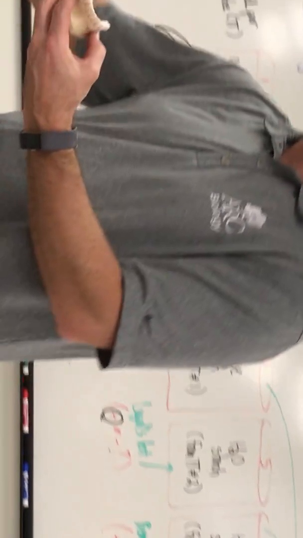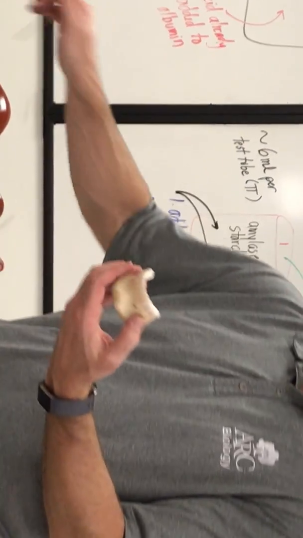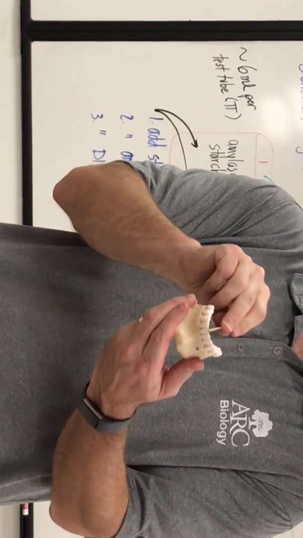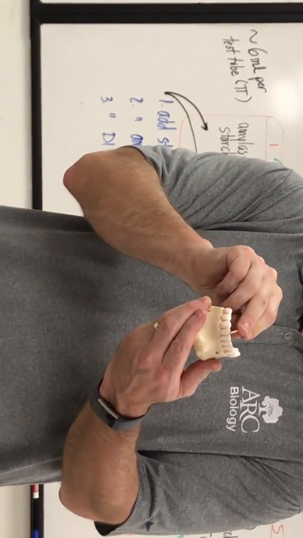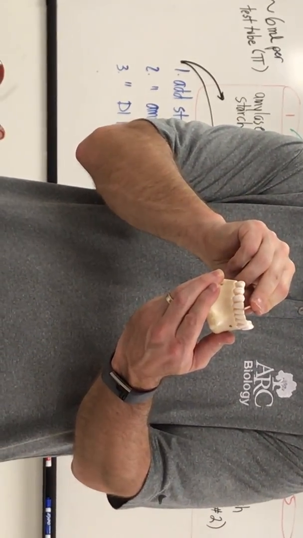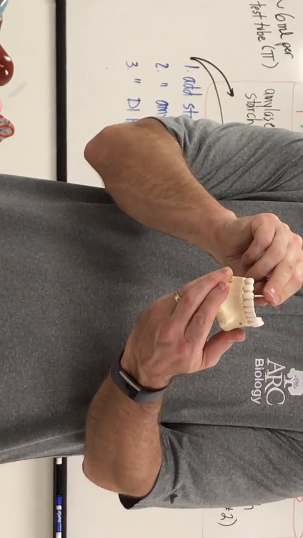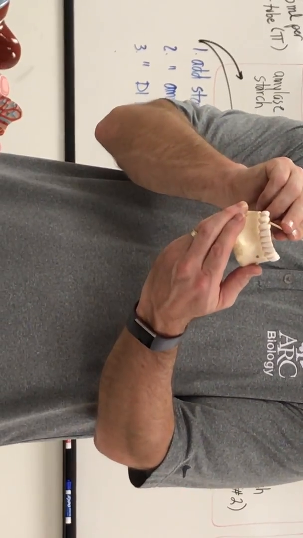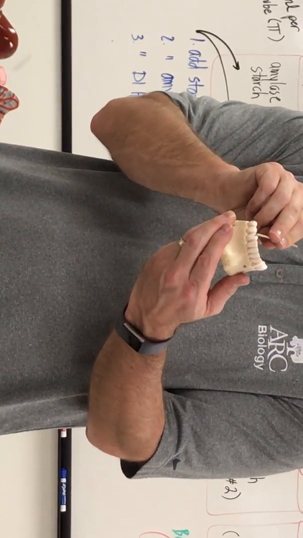And then for teeth, this one here. Incisor. Which one? Central incisor, then lateral incisor. And then canine, cuspid, canine, eye tooth.